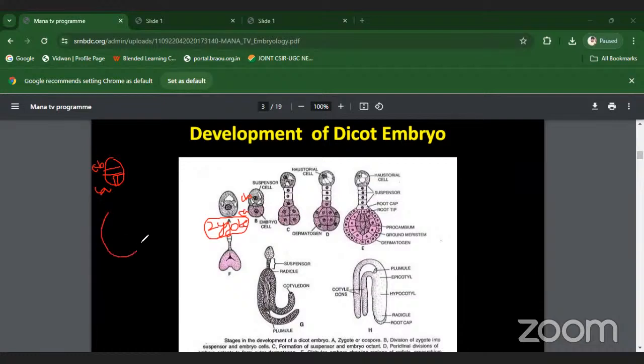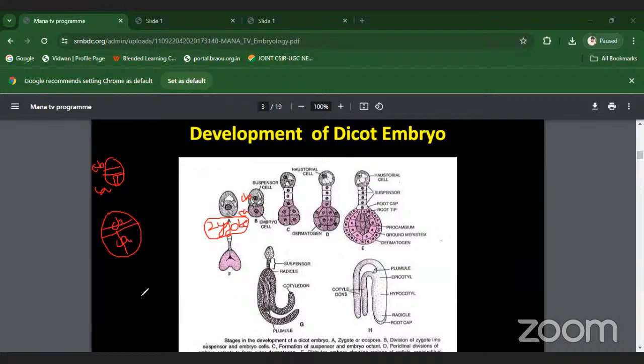What happened in the apical cell? In the apical cell, longitudinal division takes place, one longitudinal division, and transverse division in the basal cell.